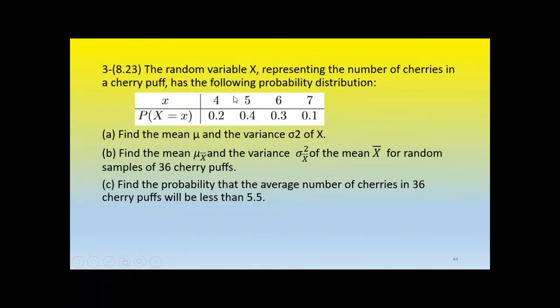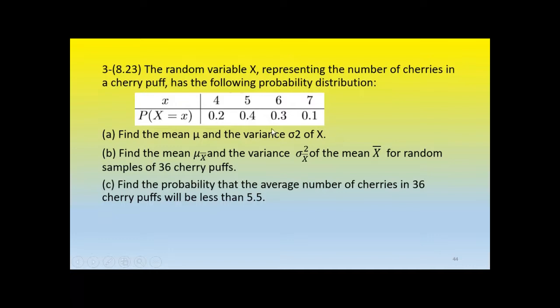What is the probability that a cherry puff will have 4 cherries? It is 0.2. 5 cherries, 0.4. 6 cherries, 0.3. 7 cherries, 0.1. Isn't it? This way. Now find the mean mu and the variance sigma square of x.